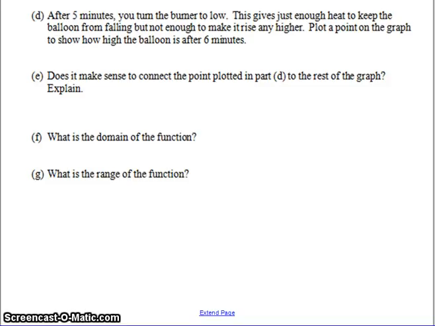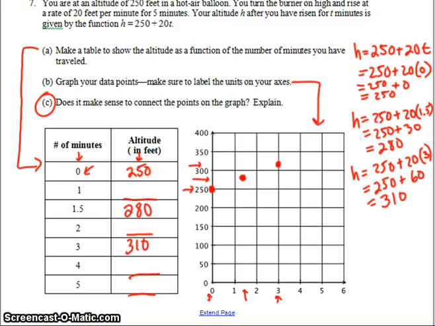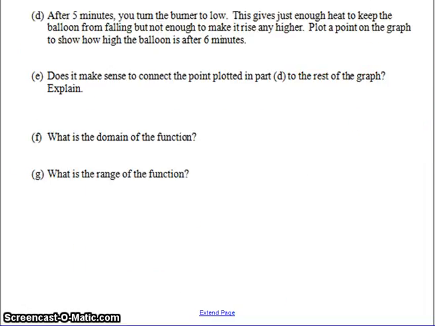I want you to really think about this and then plot a point for 6 minutes, where you think that point will go. Where should that point go based off of your data? And then you're responsible for D and E.